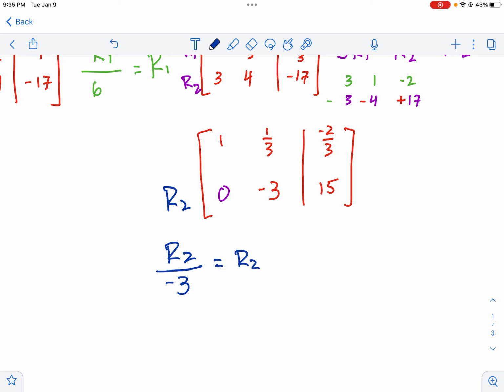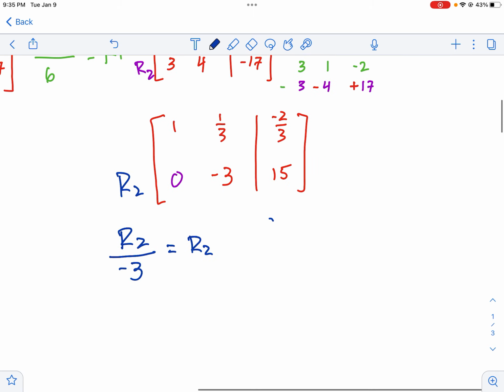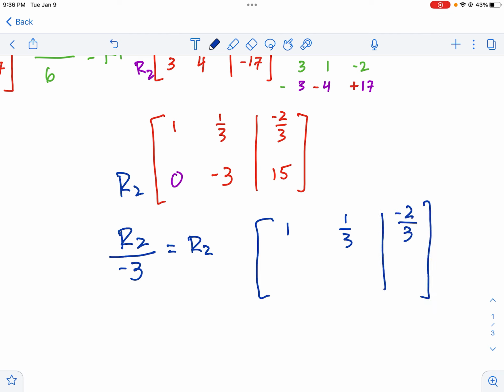So if I divide the bottom one by -3, 0 divided by -3 is 0, -3 divided by -3 is +1, and 15 divided by -3 is -5.